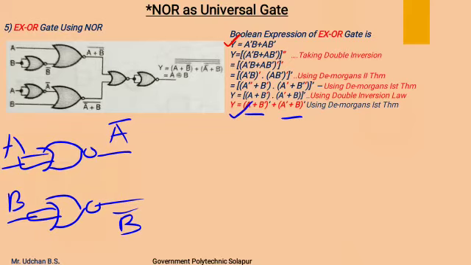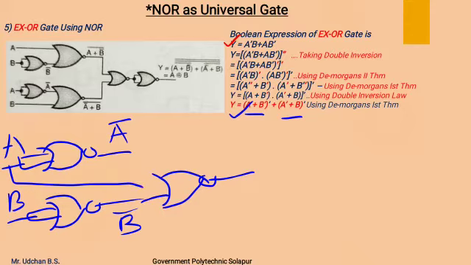So to get this term I will use a NOR gate, that is A plus B complement, its complement. Here I am having a B complement and here is the A complement. I will connect this to this NOR gate, so I can get over here A plus B complement and its complement.